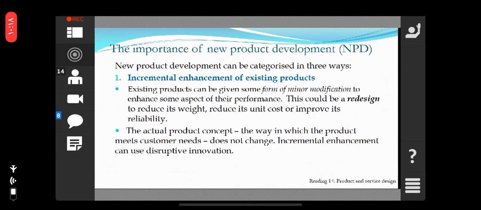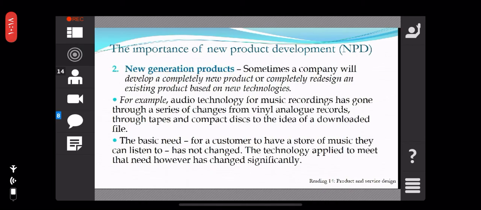Small changes can take place, and this could be an innovation. Minor modification could be incremental enhancement of existing products. So this is the incremental enhancement of existing products.